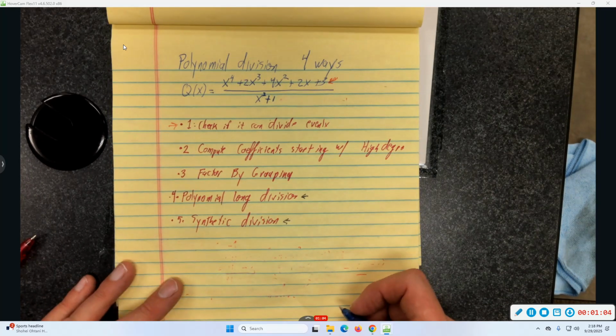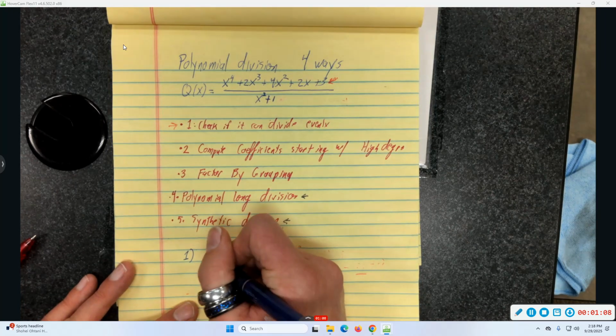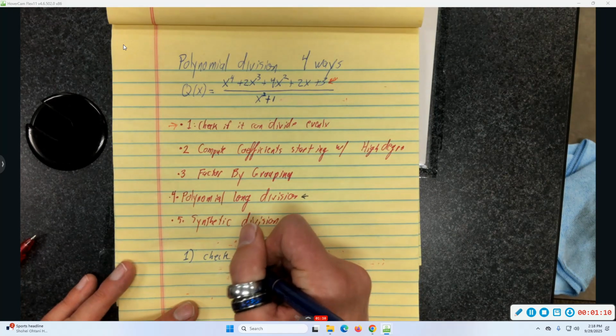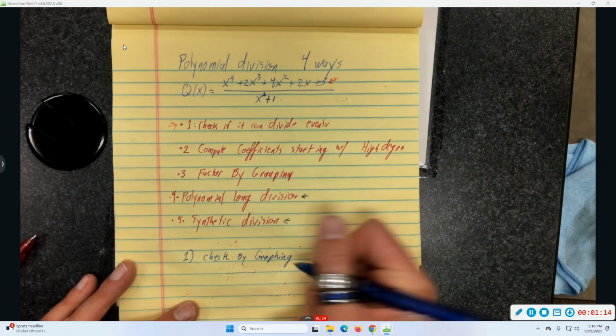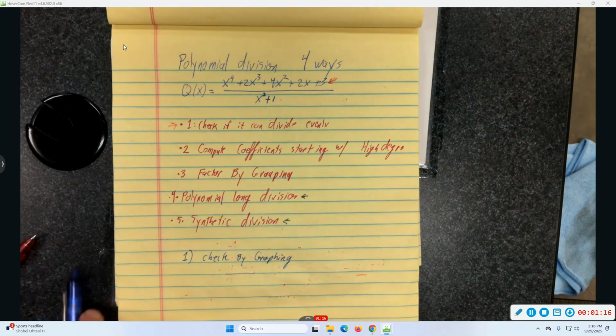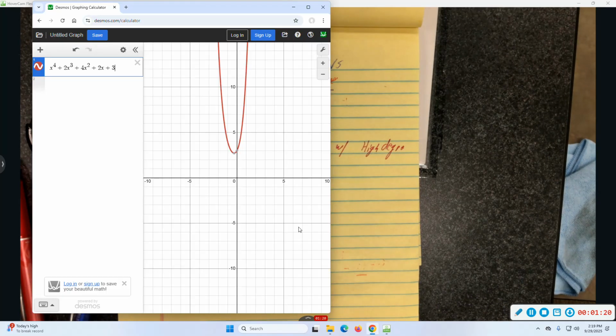So, let's start by seeing if this even divides in evenly. And here's how I'll do it. If this is actually a polynomial, its graph should look like a degree 2 polynomial. So, let's do that. There's the polynomial q of x. There's its graph.